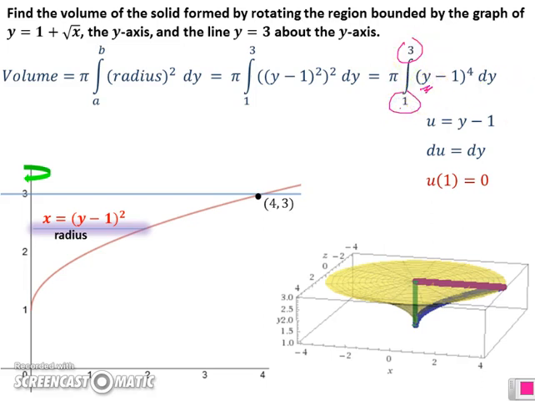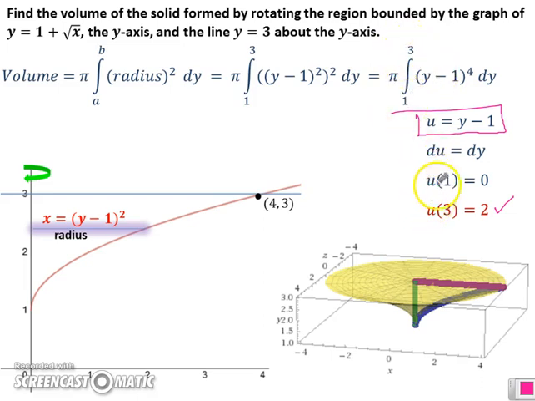So let's make it belong to the u instead. So you plug in a 1 into this expression, and that's our new lower limit. And then you plug in a 3 into that expression, and that's our new upper limit. So anytime you use substitution, you have to remember to change the limits to match the u's.